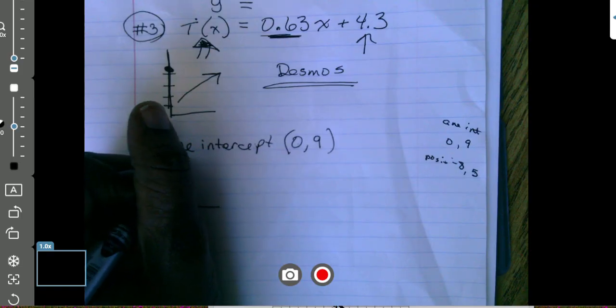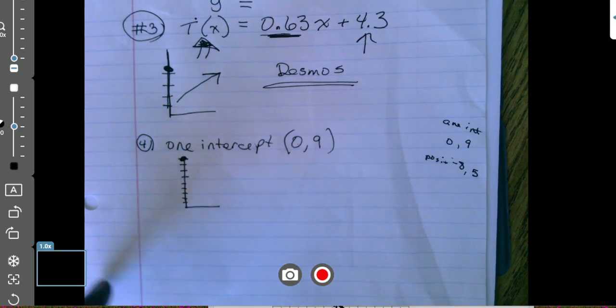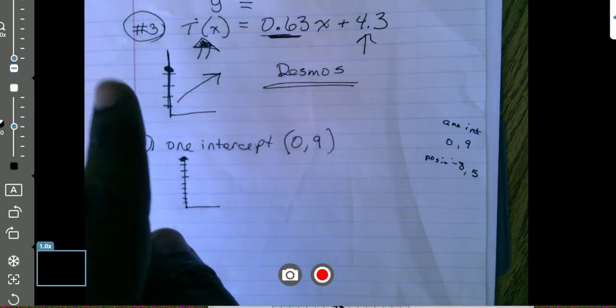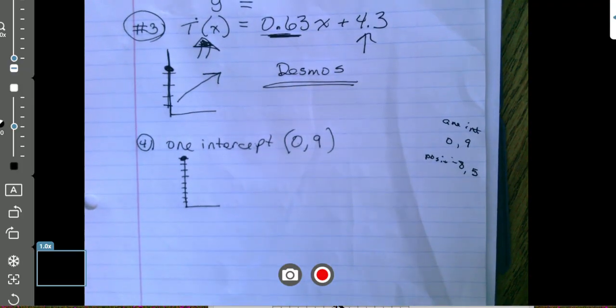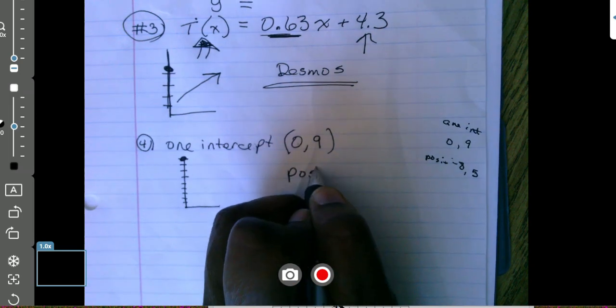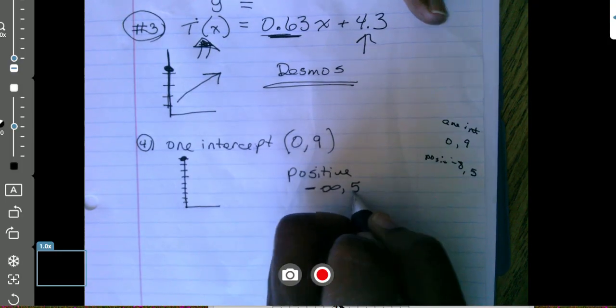Now notice I'm actually writing down the information and plotting the information on the graph so that it'll help me. Alright, so number 4 says it has at least one intercept at 0, 9, and it is positive. The graph itself is positive from negative infinity to 5.